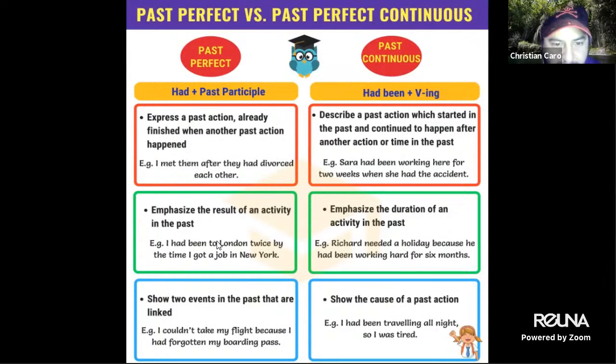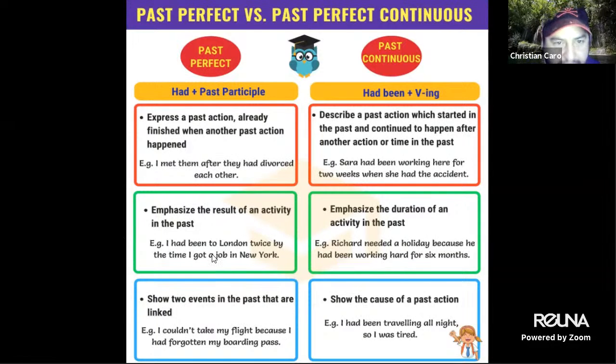What else? Emphasize the result of an activity in the past versus emphasize the duration of an activity in the past. Like, yeah, action finished, action ongoing, you know, like describing a process. Richard needed a holiday because he had been working hard for 6 months, you know, like he was in this situation, and then he needed to interrupt that process because maybe he was really tired, right?